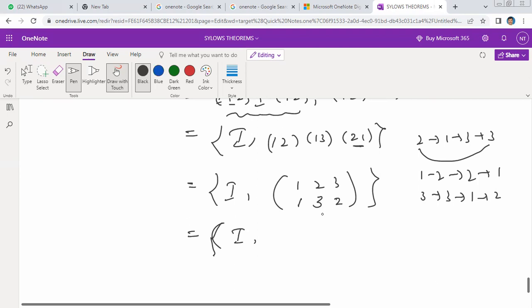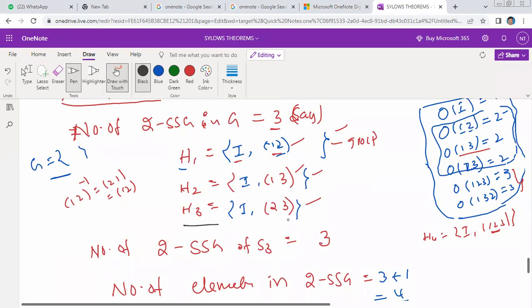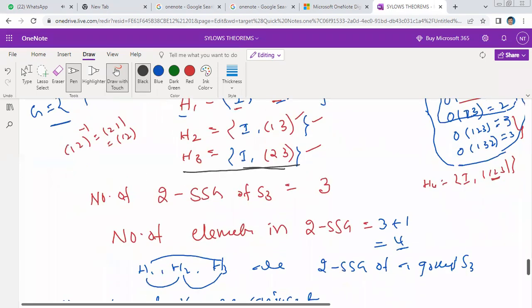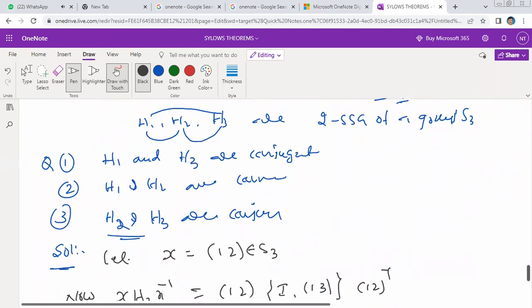What is this one? (2 3). Yes, (2 3). So what is this one? Well, (1 2 3) means H3. It is a 2-Sylow subgroup, H3. Therefore H1 and H2. H2, H3.